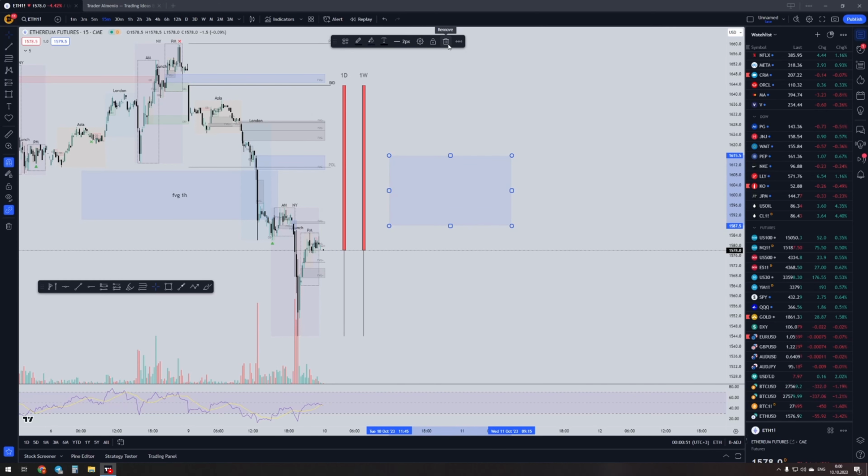You can just find what you want and what you prefer, what templates, what settings you like more.